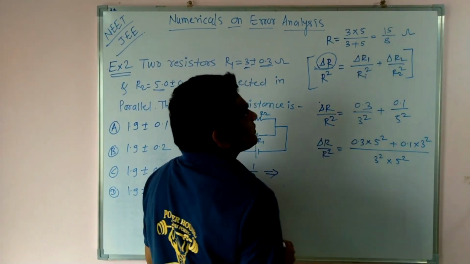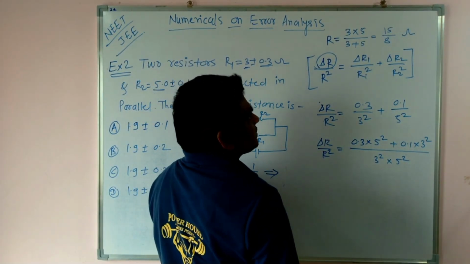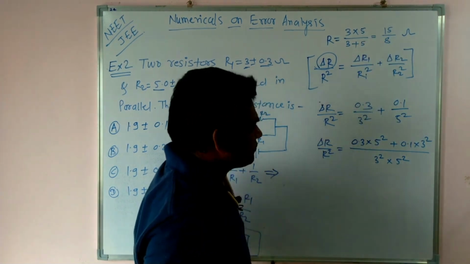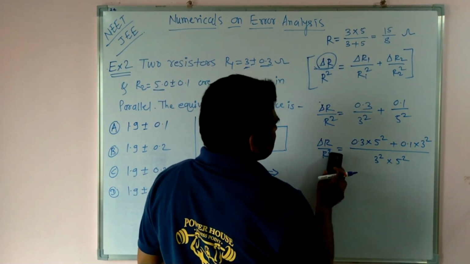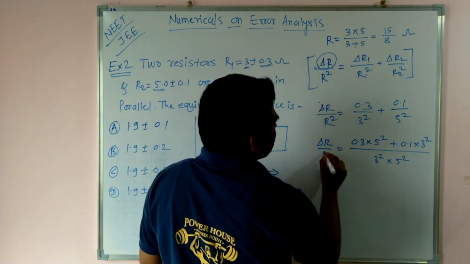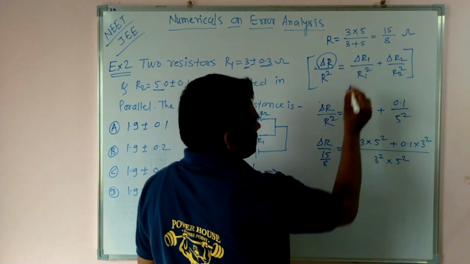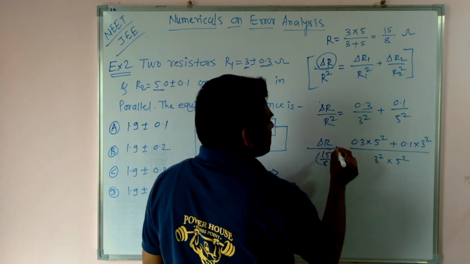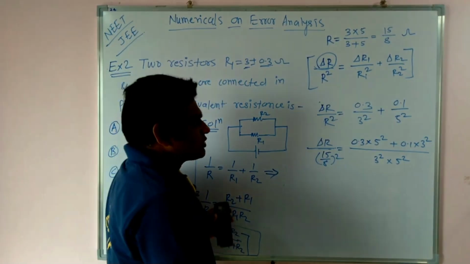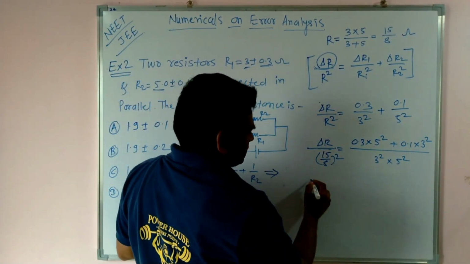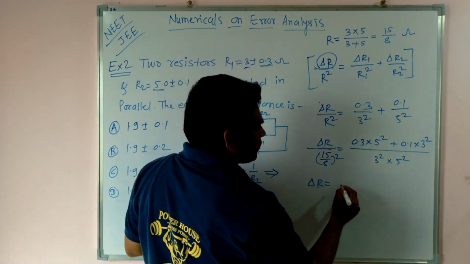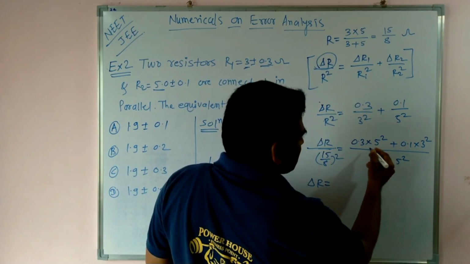But this R is what? R is 15 by 8. So this we can write here, 15 by 8 bracket square. Okay. So you take this on this side, so delta R is equal to this. How to solve this?